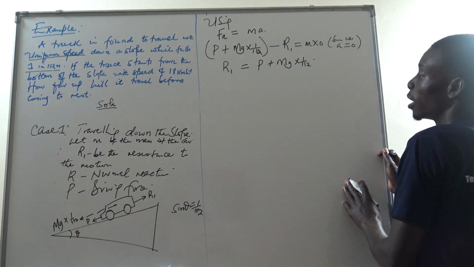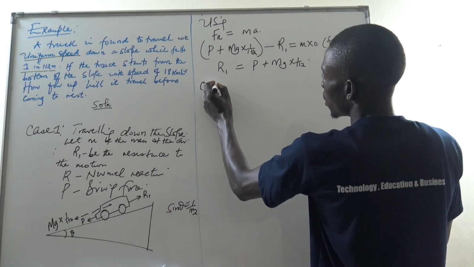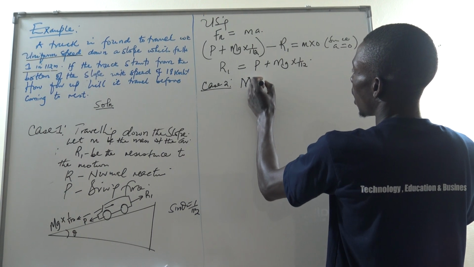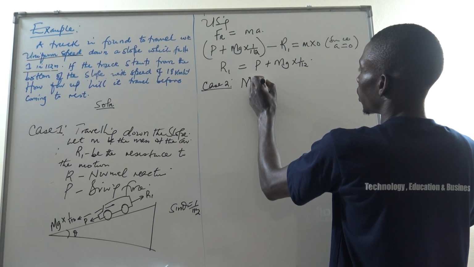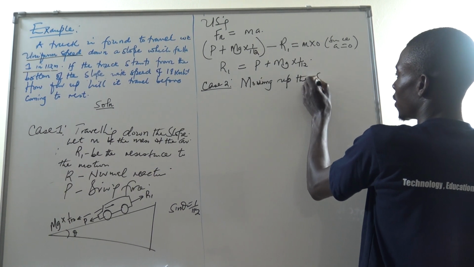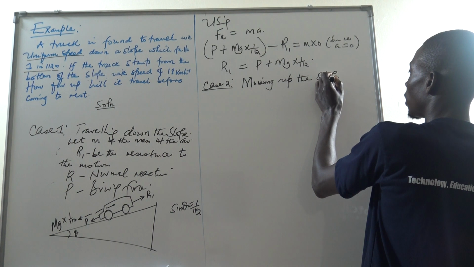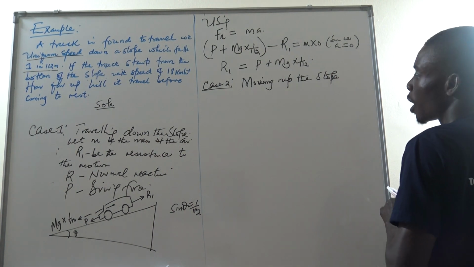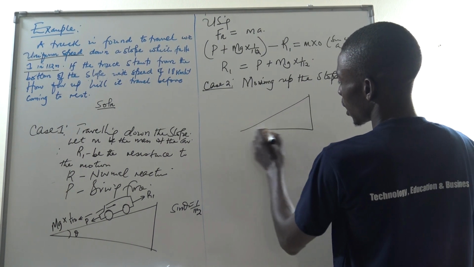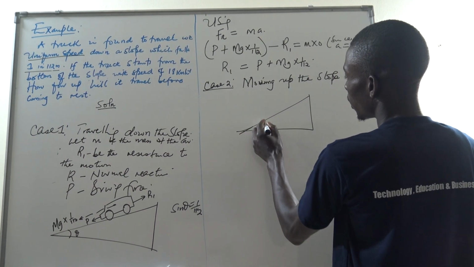Okay? And now I can go to case 2, when moving up the slope. If now we are moving up the slope, I can make another simple sketch here.